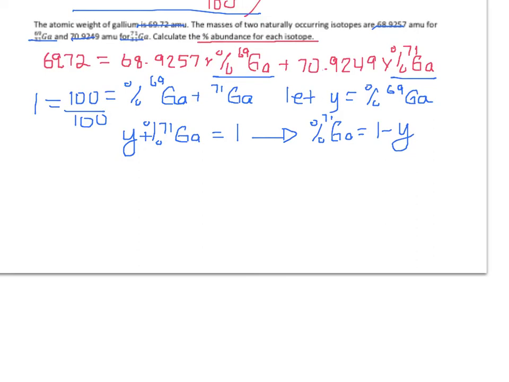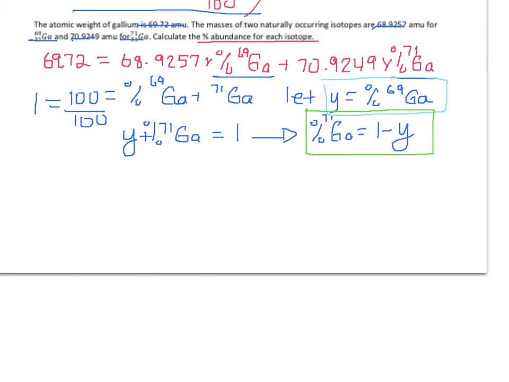So we have made our unknowns in terms of y: y is the percentage abundance of gallium 69, and 1 minus y is the percentage abundance of gallium 71. We're going to substitute this into our original equation.